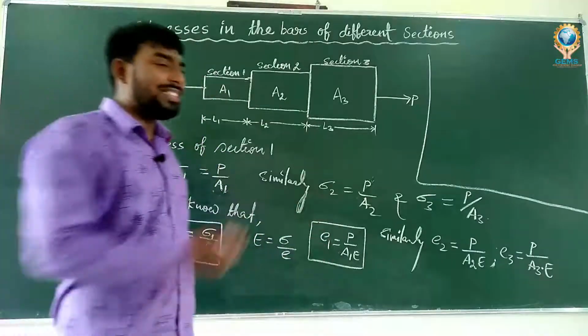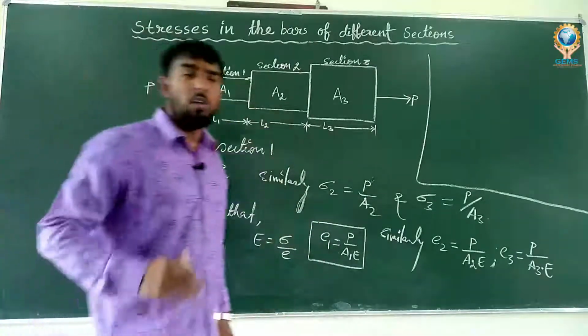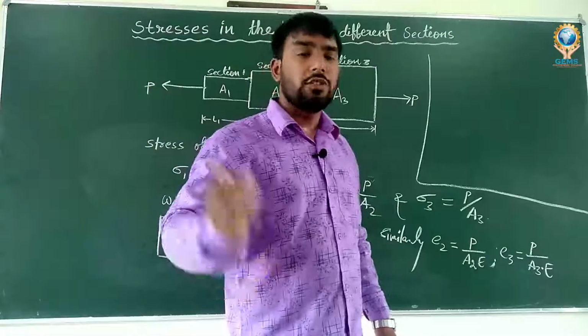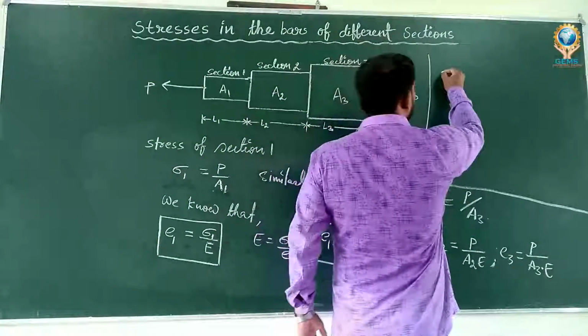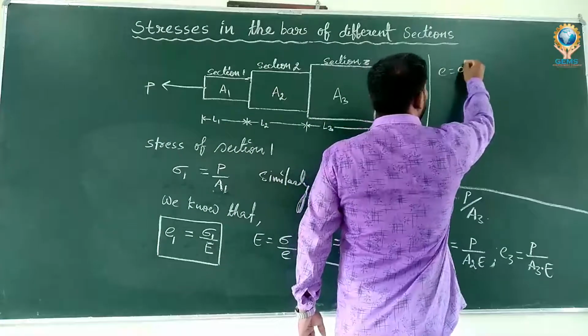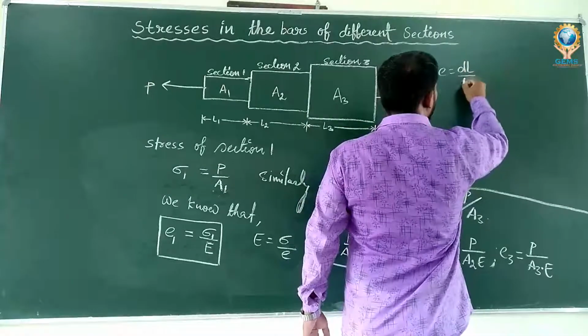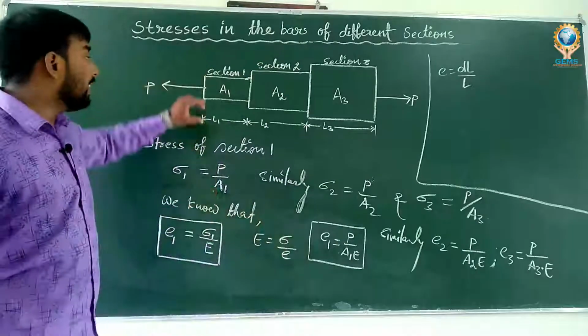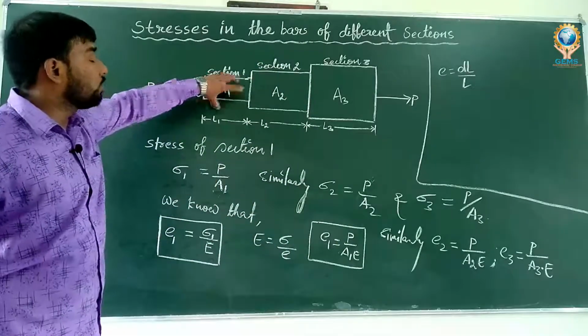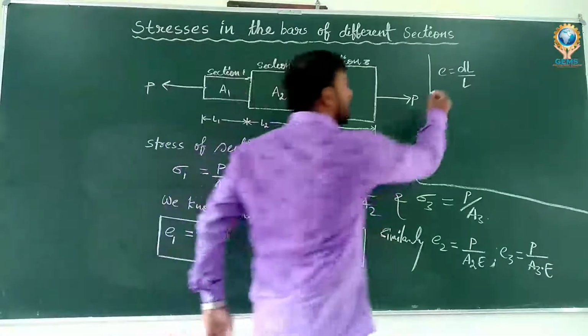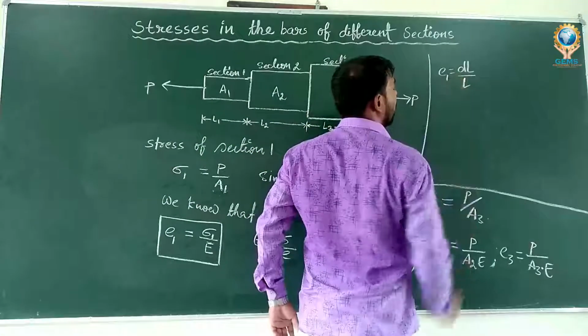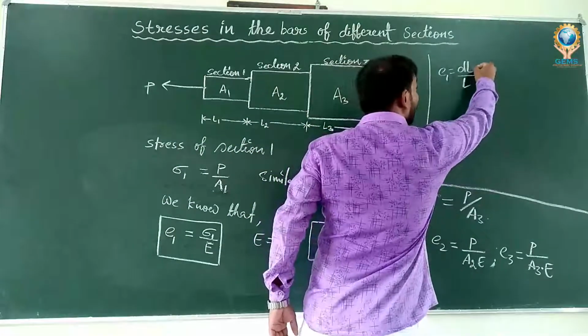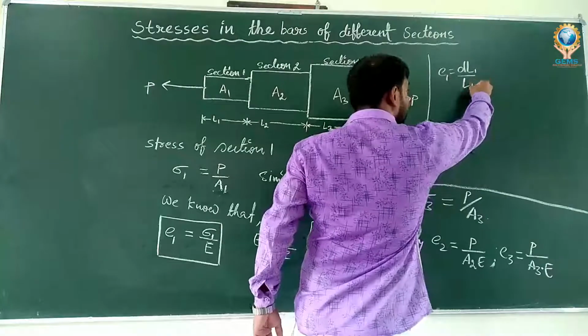So if we have to find the change in length of the first section, how do we do it? Already we know one formula: strain is equal to change in length divided by original length. So strain 1 will be equal to change in length of 1 divided by original length of 1.